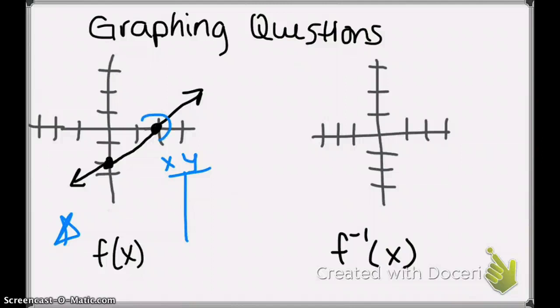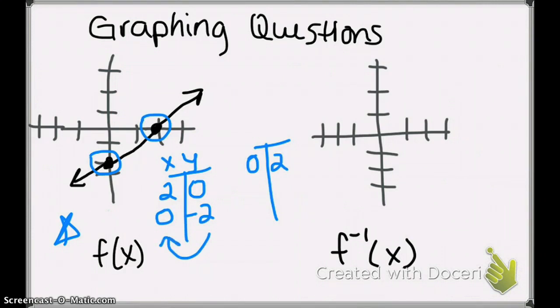This one would be an x value of 2 and a y value of 0. And this one would have an x value of 0 and a y value of -2. So if I want to find the inverse function, all I have to do is swap those. Remember, what was x becomes y, what was y becomes x.